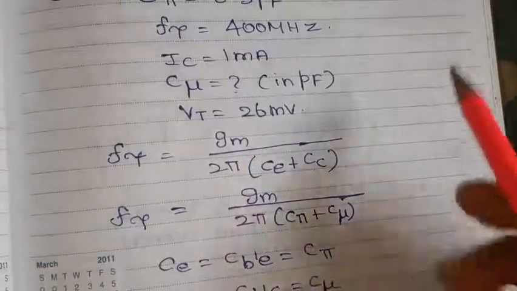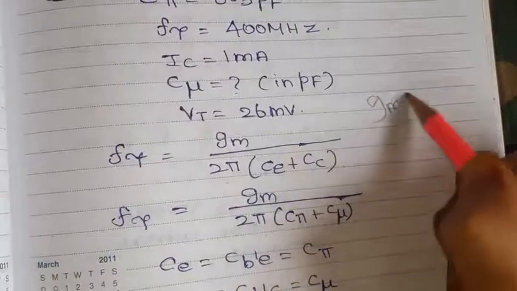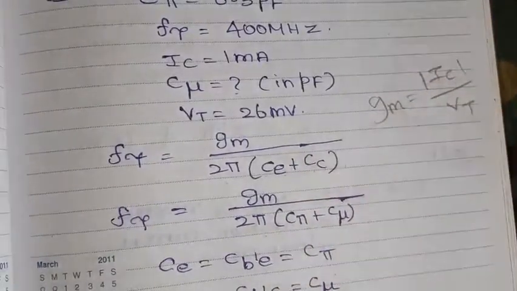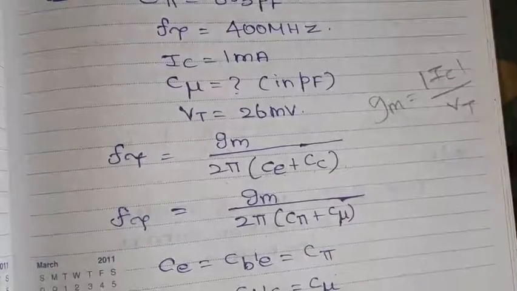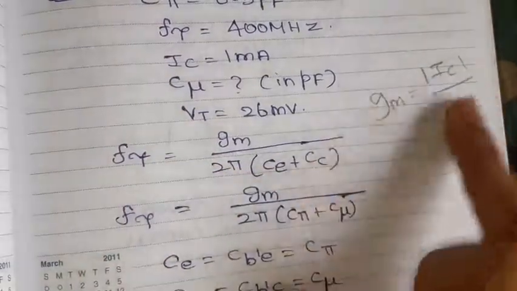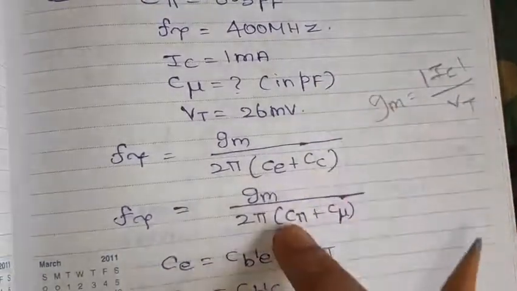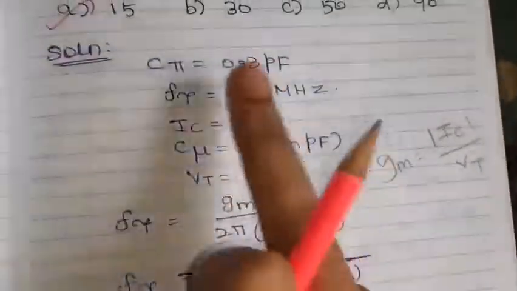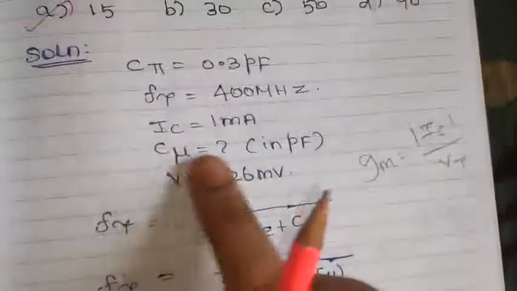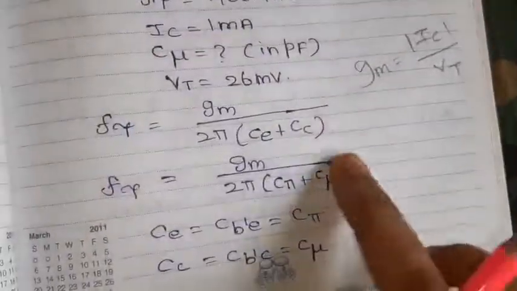What is the formula for Gm? Gm is equal to modulus IC by Vt, the transconductance value. IC value we know, Vt value we know. Just apply, then find out Gm. Then f tau is 400 megahertz. Substitute. We are going to find out C mu only.